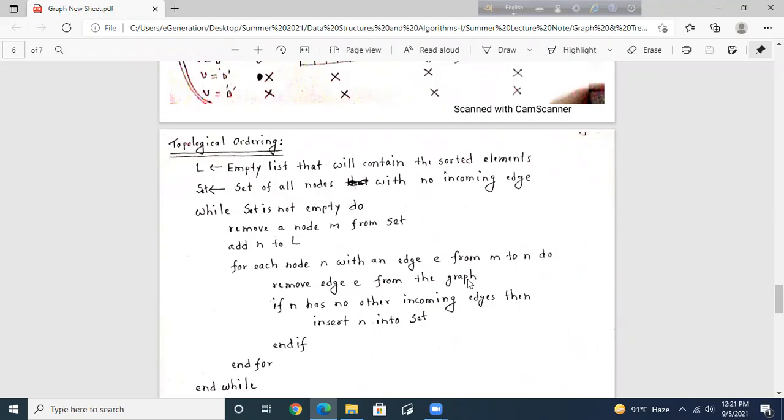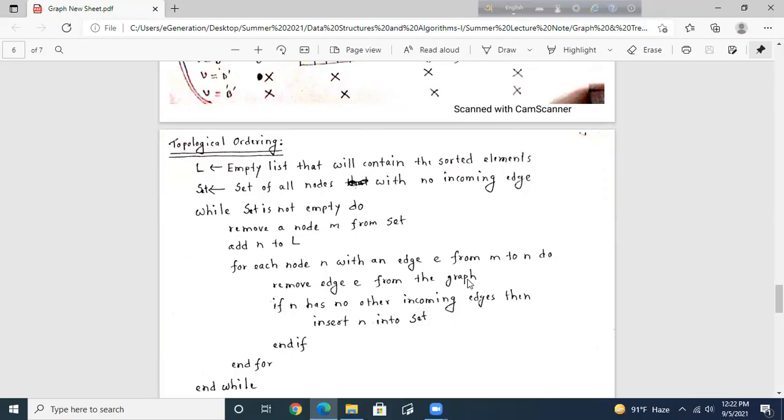So remember that topological order can be represented by using a directed acyclic graph. Now, what is a directed acyclic graph? In a directed acyclic graph, you should remember that the graph should have direction, and no component of the graph should contain a cycle.